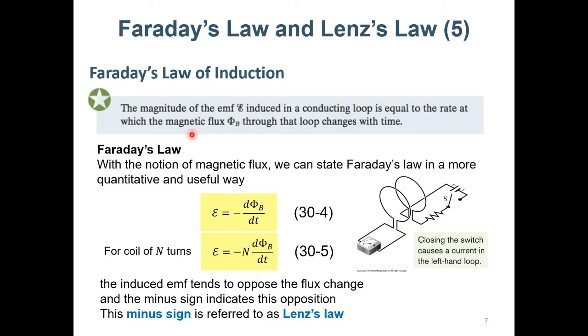So only the minus sign in Faraday's law is called Lenz's law. Just like 200 years ago, if you could find a minus sign, then the law would be named after you. So it's quite different from now.